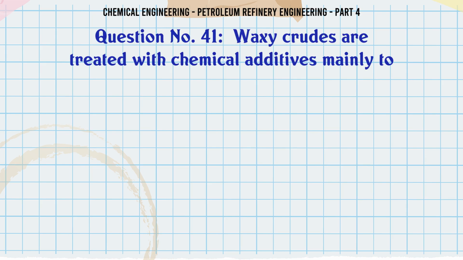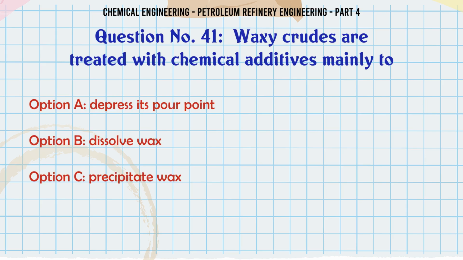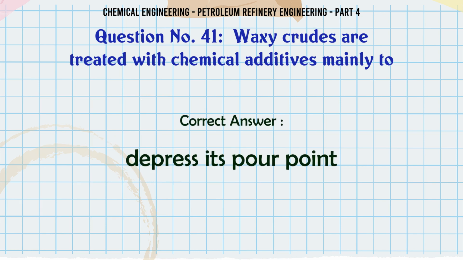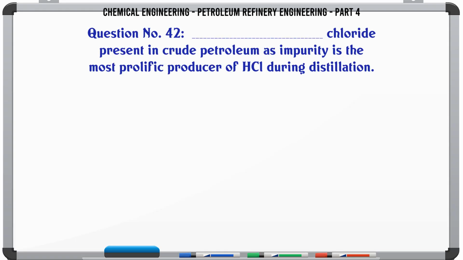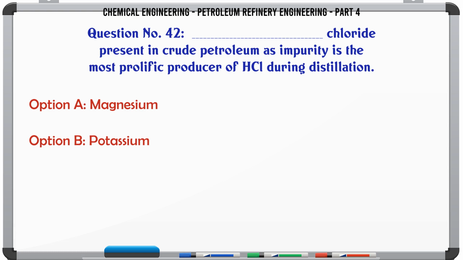Waxy crudes are treated with chemical additives mainly to A. depress its pour point. B. Dissolve wax. C. Precipitate wax. D. Remove wax. The correct answer is depress its pour point. Chloride present in crude petroleum as impurity is the most prolific producer of HCl during distillation. A. Magnesium.